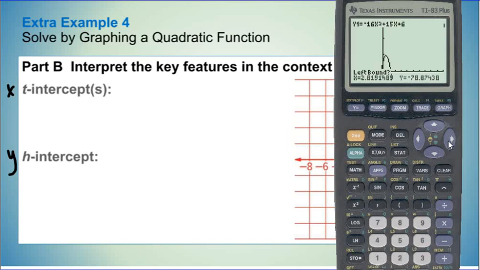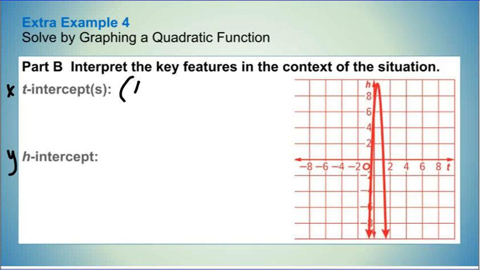We need to go to the left bound, then the right bound, hit enter a second time, and we have 1.2. So 1.2 and 0. The other side is negative, so we're not going to worry about that. So it was in the air for about 1.2 seconds.